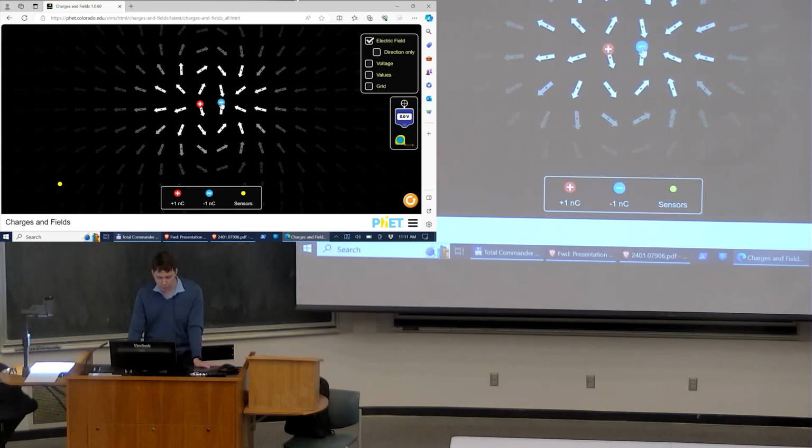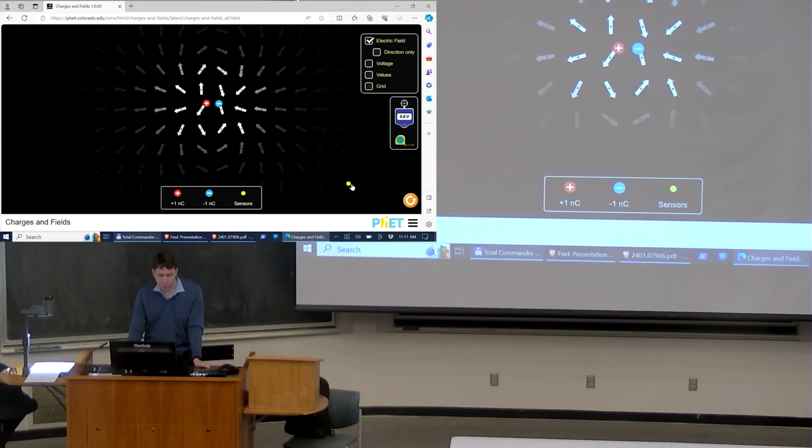So let me make a smaller dipole. The field is very small. It practically vanishes because these two at large distances compensate each other to a large extent. And that's what the electric field of a lot of diatomic molecules looks like. And again, that's called an electric dipole.